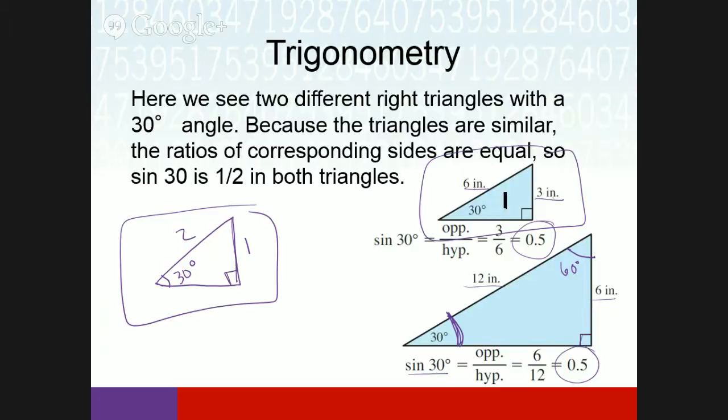This side length times 3 is 3, and this side length times 3 is 6. I could do the same thing to get a little bit larger triangle. Now my ratio is 6. I take the smaller triangle, multiply it by 6, I get the larger triangle. The angle measurements in similar triangles don't change. I just blow them up. The ratios stay the same.